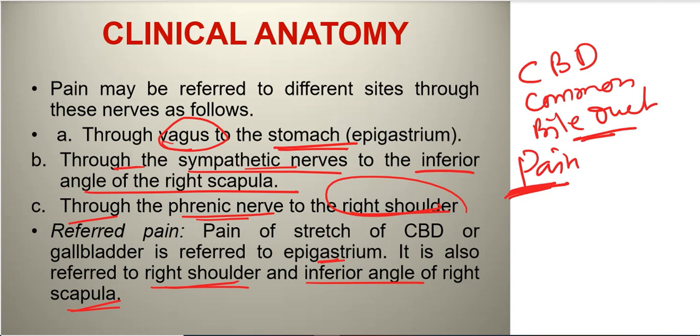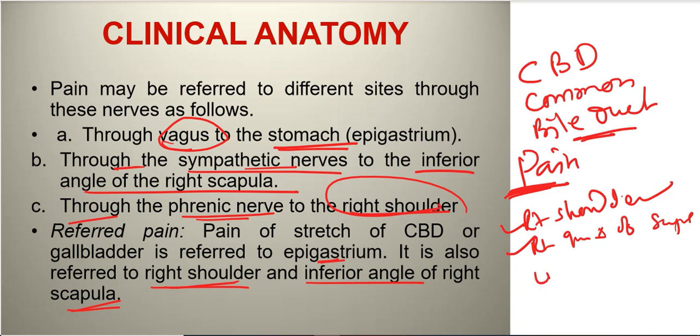So three points are important: right shoulder, right inferior angle of scapula, and left shoulder. These three pain regions are very important for clinical practice.